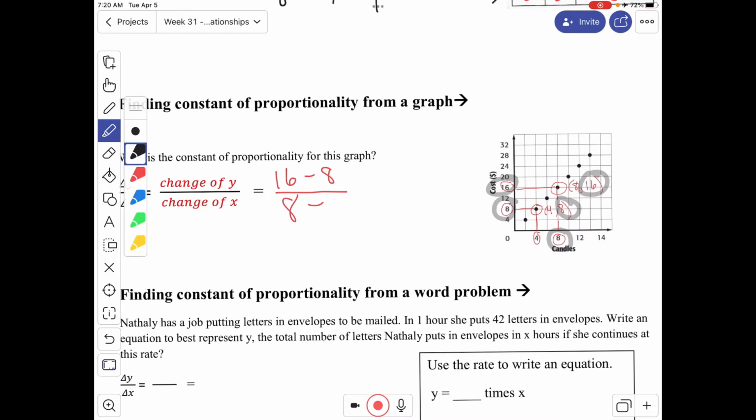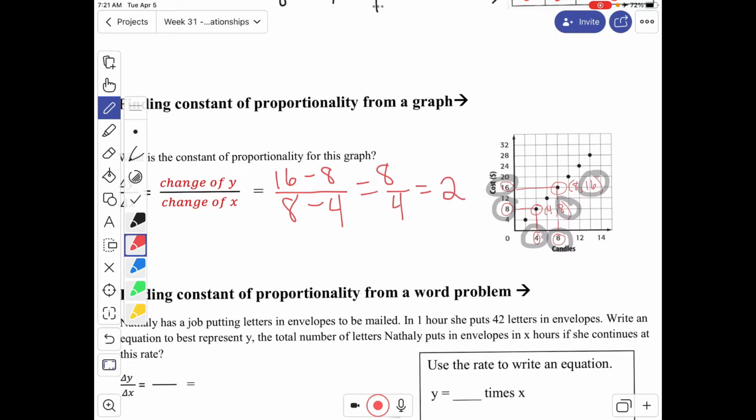And the x that went with 8 was 4. 16 minus 8 is 8. 8 minus 4 is 4. Then I need to simplify that. 8 divided by 4 is 2. So the constant of proportionality for this graph is 2.